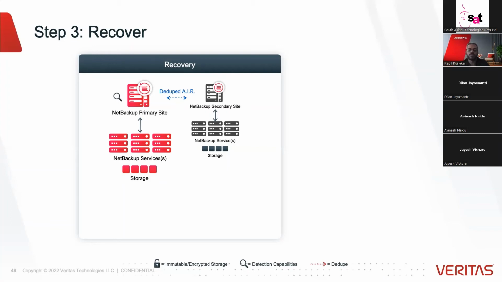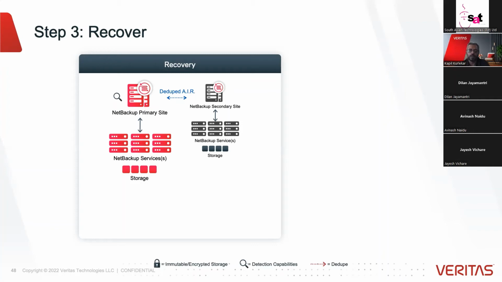Granular file recovery allows you to quickly grab individual databases or files that will allow you to very quickly recover back to production. Sometimes it does happen that your entire servers do get encrypted. When that happens, bare metal recovery allows you to recover that entire server quickly.